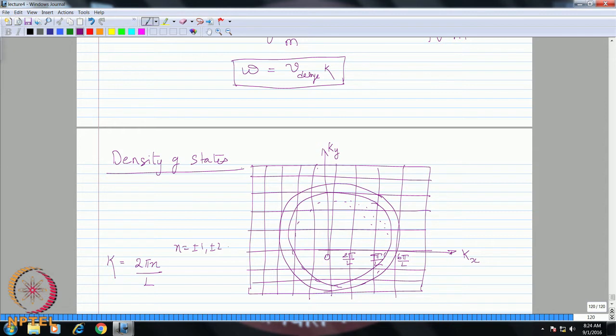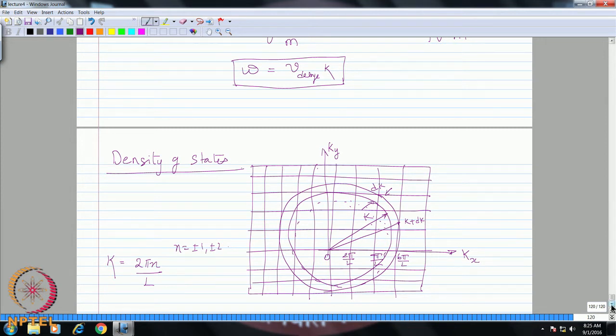Okay. So, this differential element is indicated by basically your k vector, this first surface, and the outer surface by k plus dk, where dk is the width of this differential element in wave vector space.